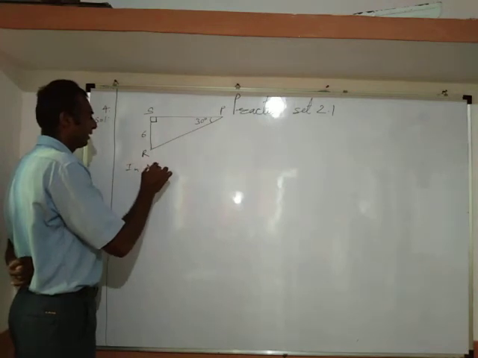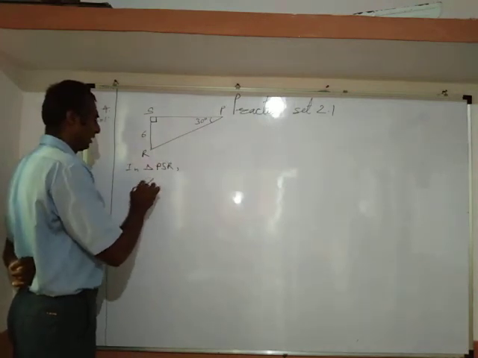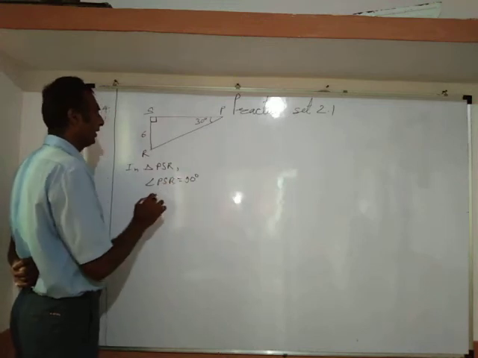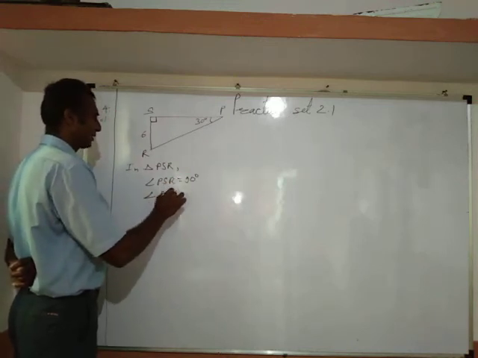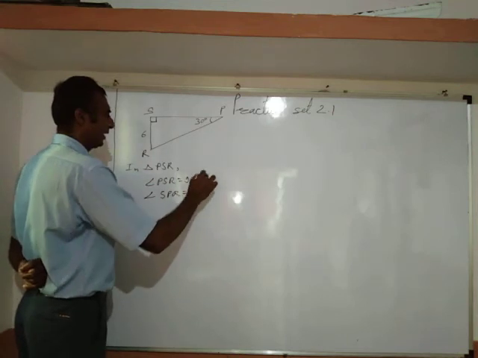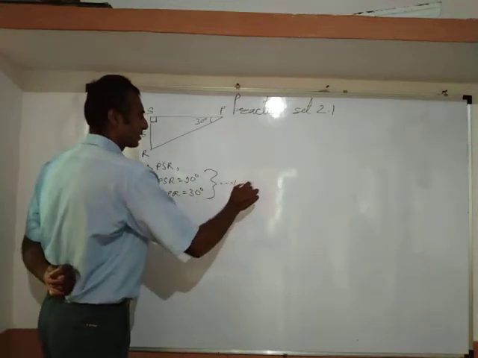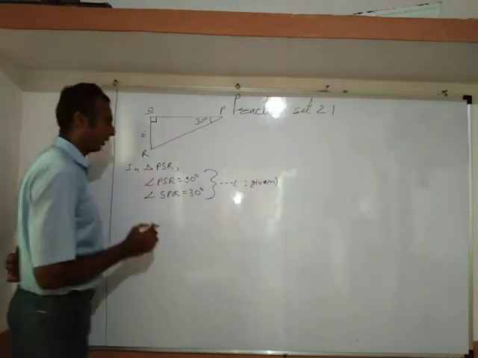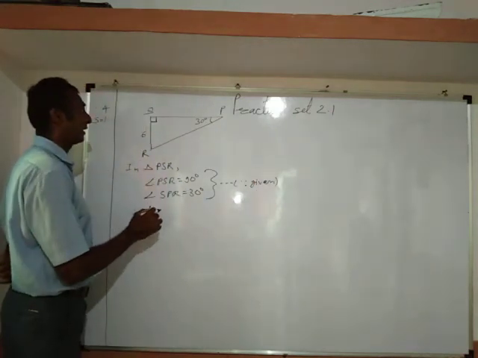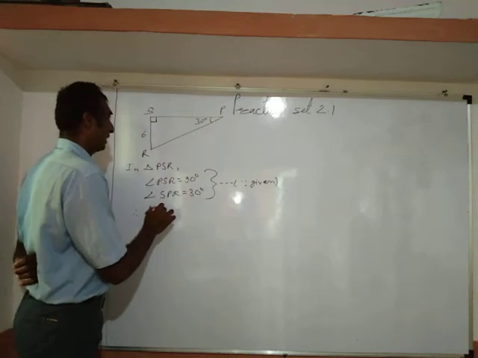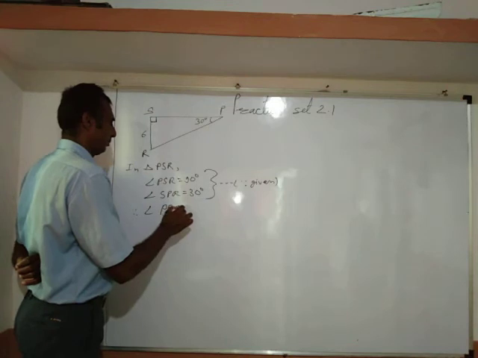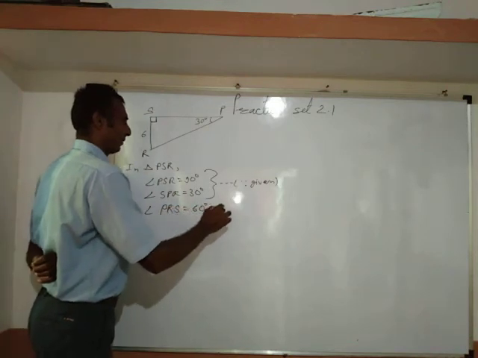In triangle PSR, angle PSR equals 90 degrees, angle SPR equals 30 degrees, and therefore the third angle, angle PRS, must measure 60 degrees.